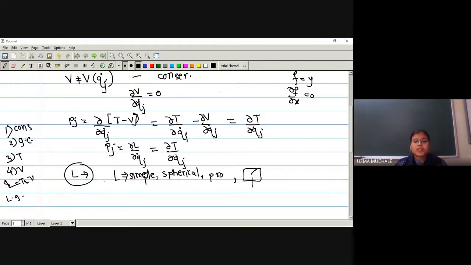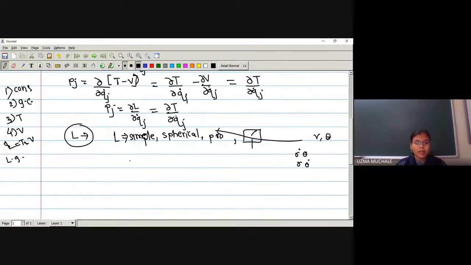So in every equation of L, every time it does not involve every coordinate. Suppose r and theta are there. It is not compulsory that both r and theta are in L, right? Sometimes r dot and theta will be there. Sometimes it will be r and theta dot. It is not compulsory that both r and theta will be there in the equation of L. If you remember, you can go back and check after the completion of this lecture.